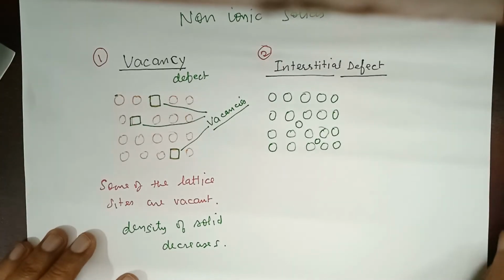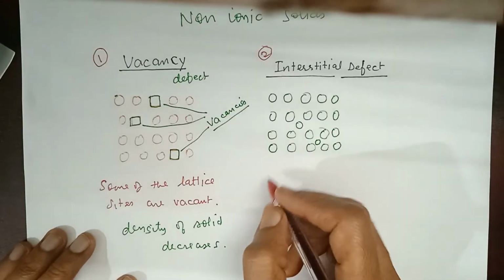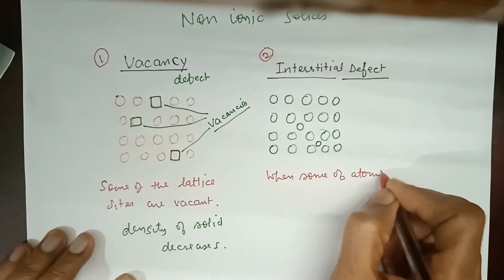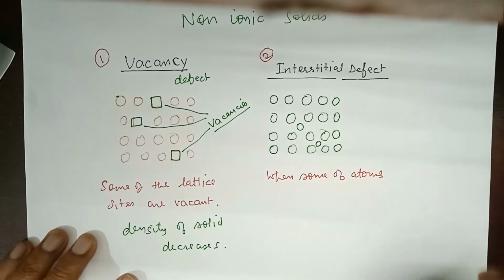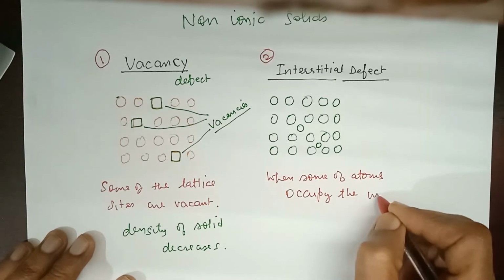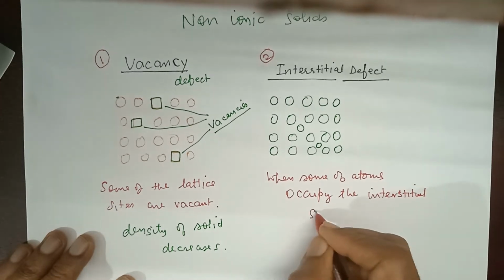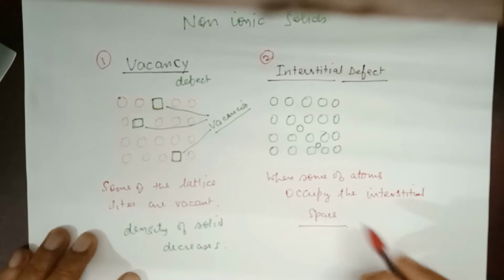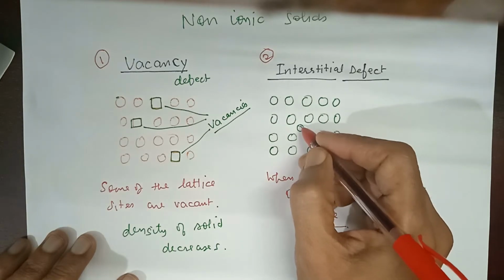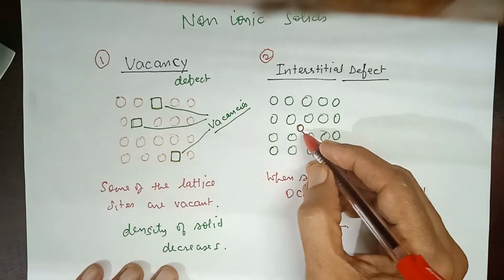And the second, in non-ionic solids, is interstitial defect. What happens? When some atoms or molecules, whatever the constituent particle, occupy the interstitial space. See, in this example, the particles are arranged in the crystal, but these particles have occupied a space between the constituent particles, which is called interstitial.